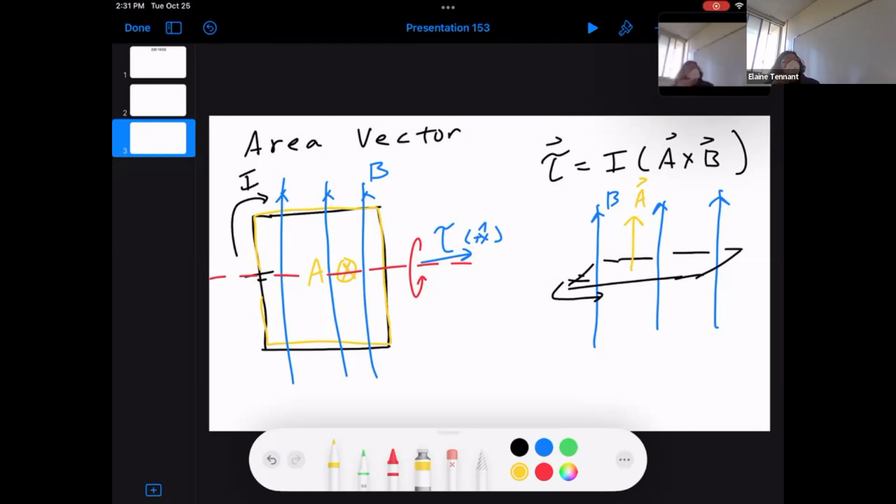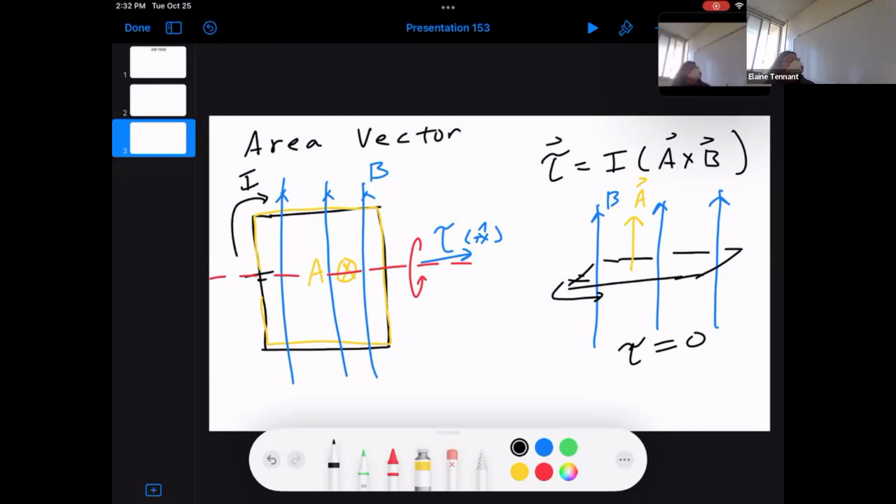So my magnetic field and my area vector are parallel. Given that these two things are parallel, what will the cross product A cross B give you? 0, because the cross product takes what's perpendicular between two vectors and multiplies them. But if your two vectors are parallel, there's nothing perpendicular to multiply anymore. So the torque there is 0. Is everyone kind of okay with that? Okay, good.